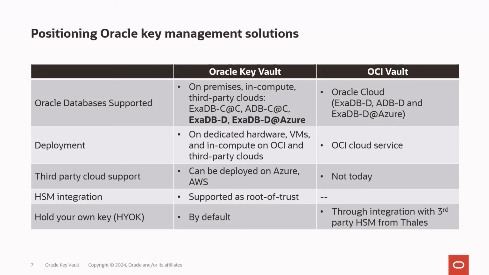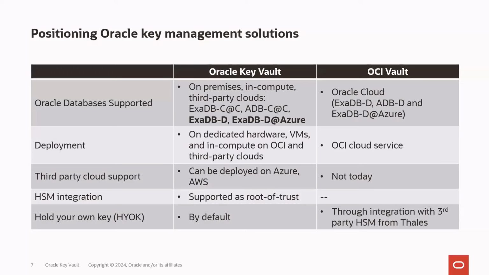Now we have customers who move slowly and piece by piece from on-premise into OCI. So they switch from ExaDB Cloud@Customer to ExaDB dedicated. But they already know how OKV works. They are familiar with the interface. They know that they can trust Key Vault because it's a cluster. It doesn't go down. It's never not available.